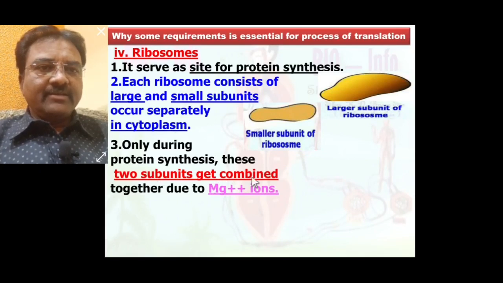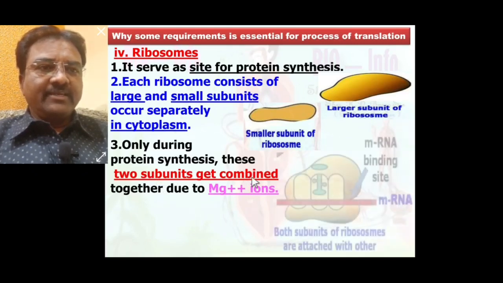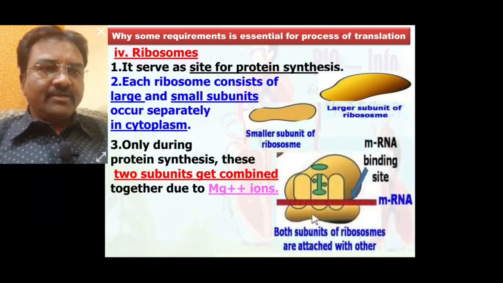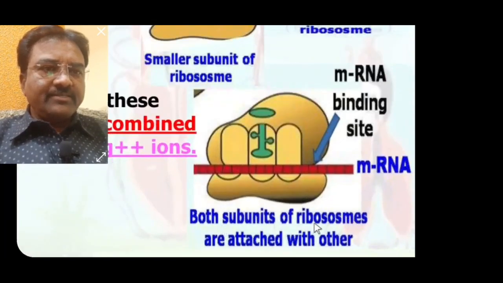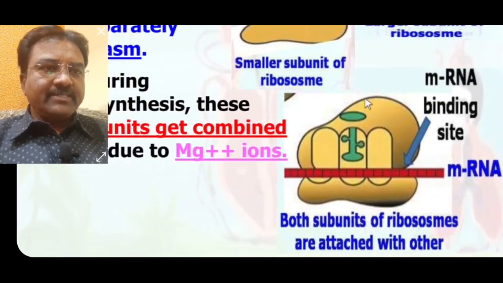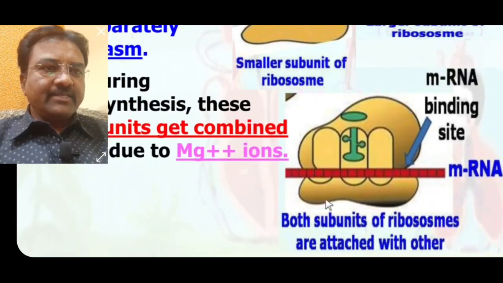Seen here, this one is the smaller subunit and this one is the larger subunit. Both subunits are attached with the help of Mg++ ion in the cytoplasm.